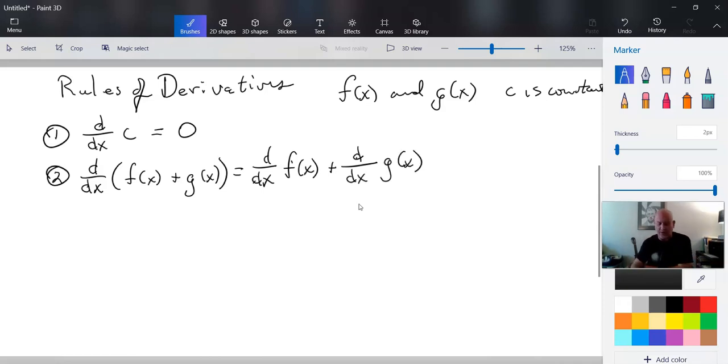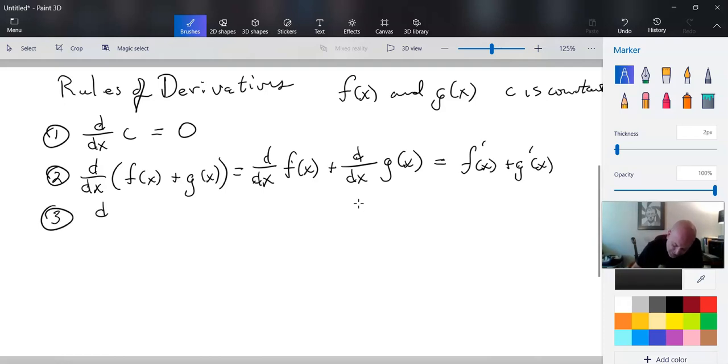Right? Or if you want, you can just write f prime plus g prime. Right? That means the same thing. Okay. So if I have more than one term, basically what that means is I can take the derivative of each term separately. You can also pull a constant through a derivative.